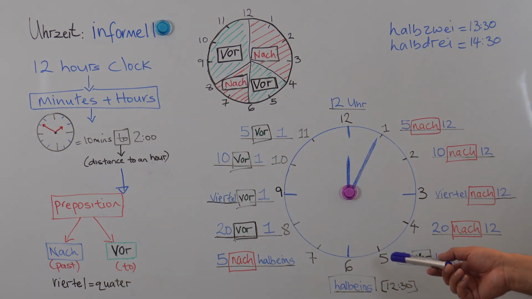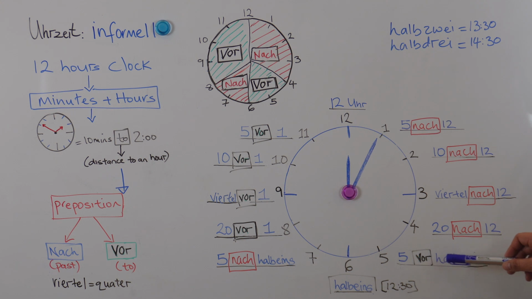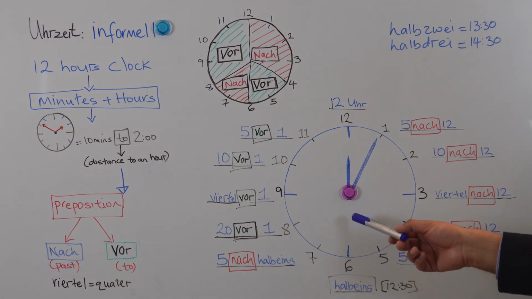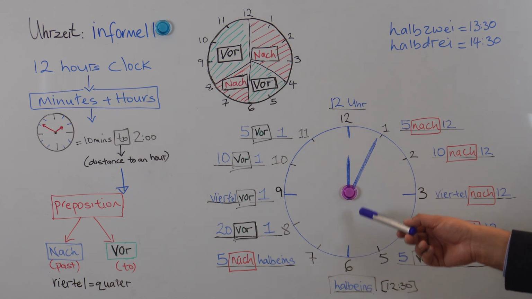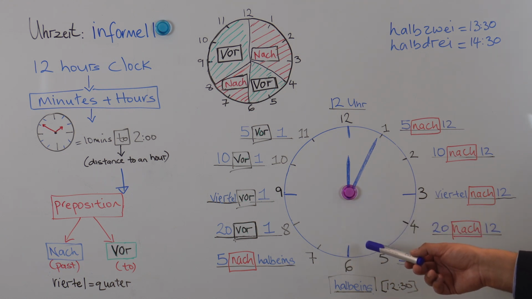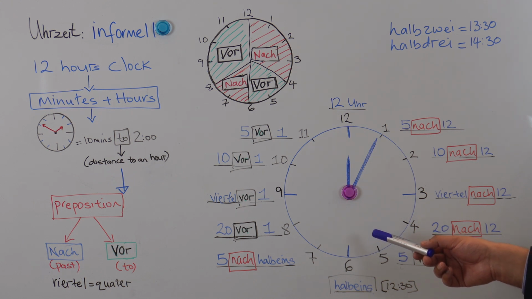Similarly, when your clock goes to 25 minutes, you will say 5 vor halb eins. So what is halb, and what is halb eins? Whenever your minutes needle is at the 6th position, it is always halb. That means half an hour in English.